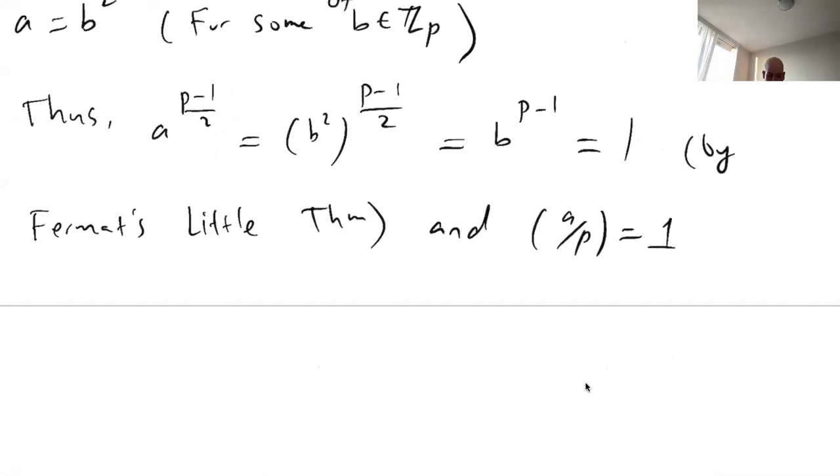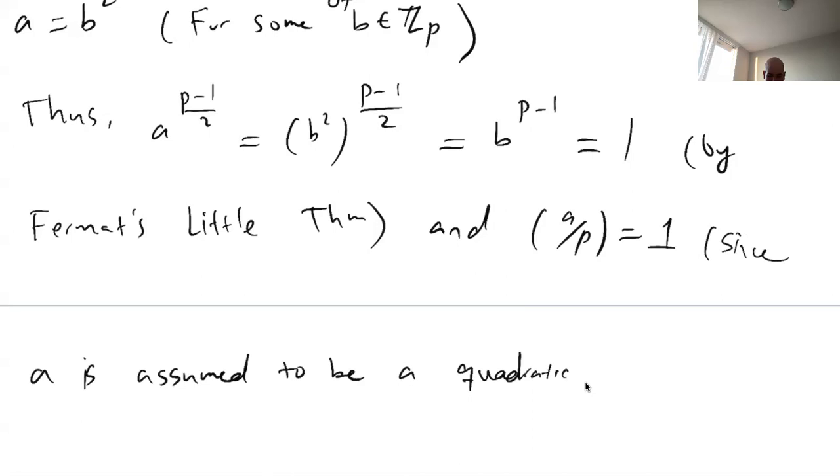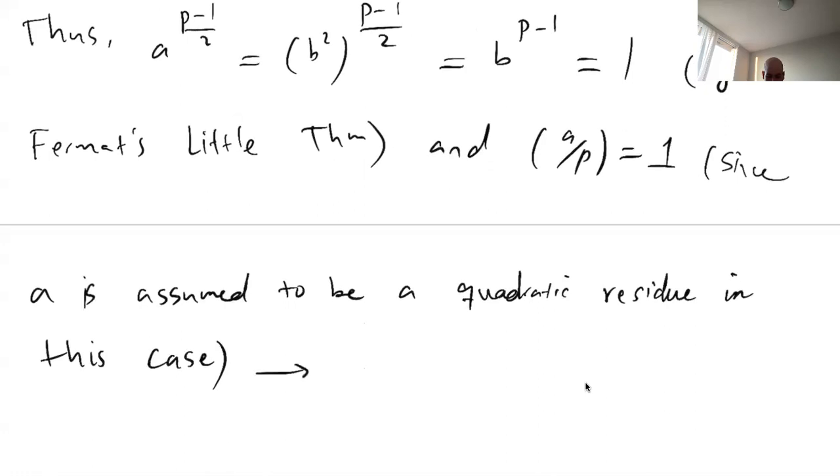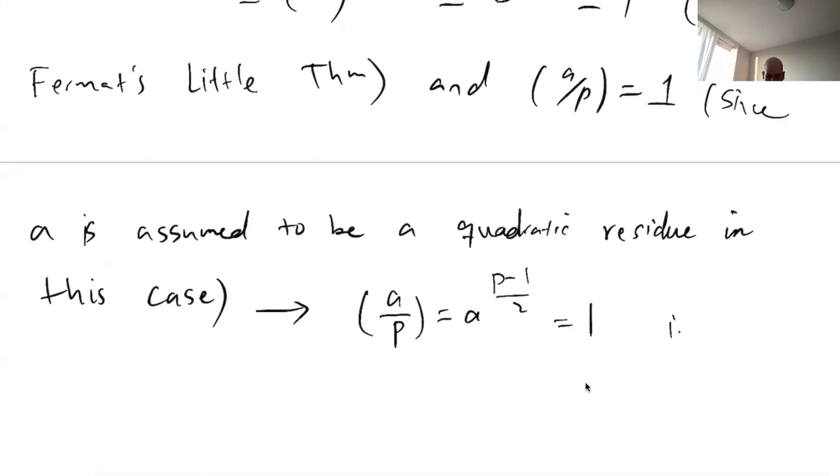So in this case, A over P equals 1, since A is assumed to be a quadratic residue in this case. So we can say that A over P equals A to power P minus 1 over 2 equals 1 in ZP.